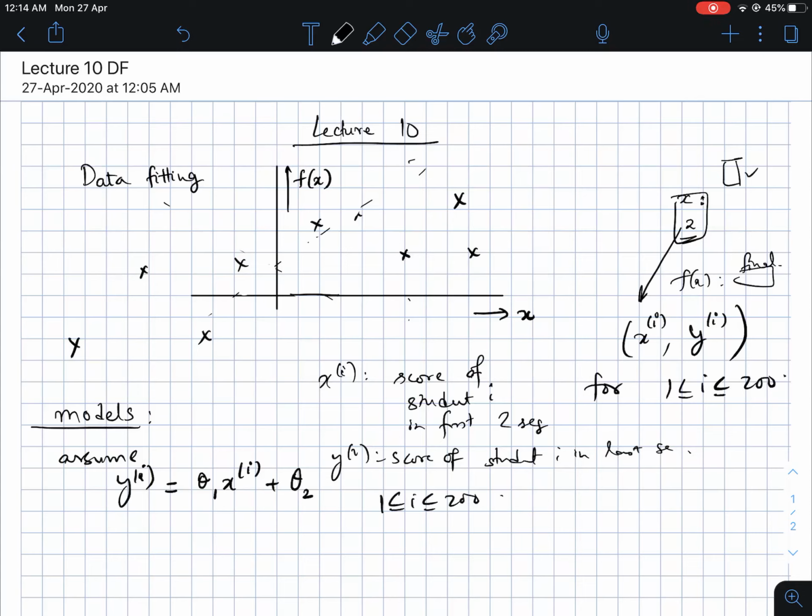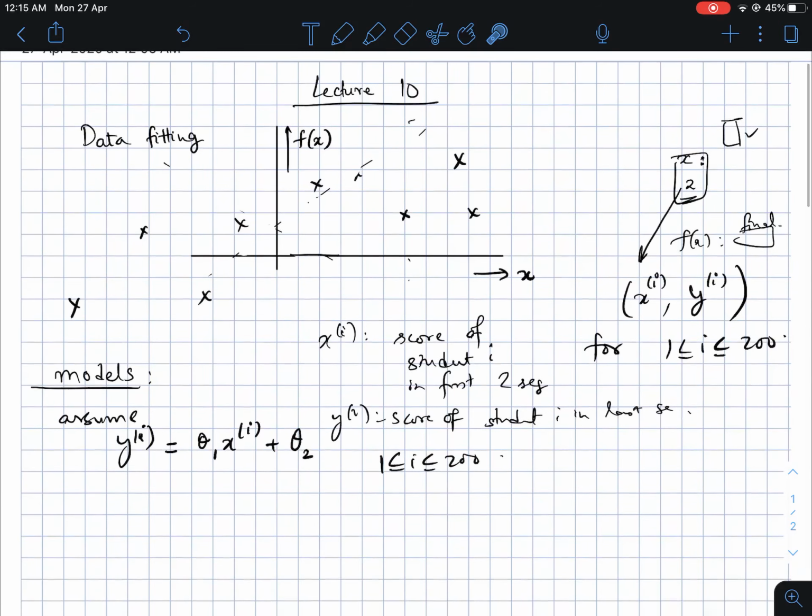Basically I'm trying to fit this model to the data, meaning I'm assuming that yi, your score in the last segment, is some constant times your score in the first segment. This theta 1 represents the correlation part, how much your score in the previous segment carries over, plus theta 2, so maybe there's some additional constant factor.